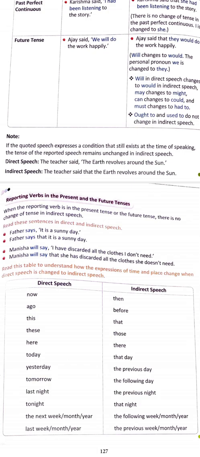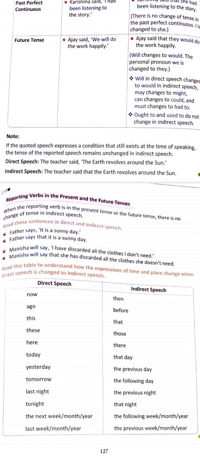The next you can see is the table. If the word now is in your sentence, then you will change this sentence properly, and instead of now you will write then. Same as if you have these words, this changes into that, these into those, here into there.